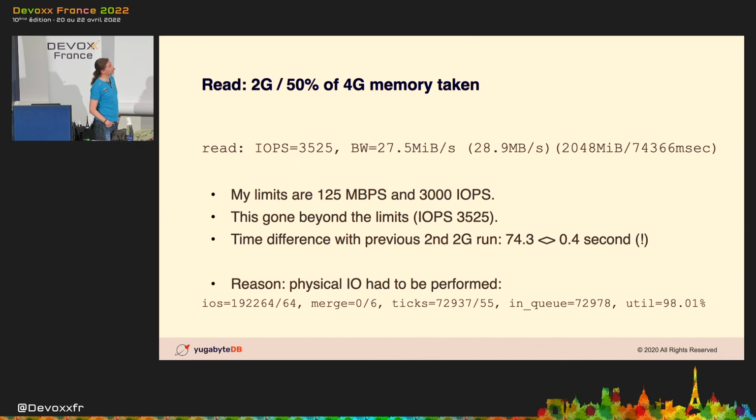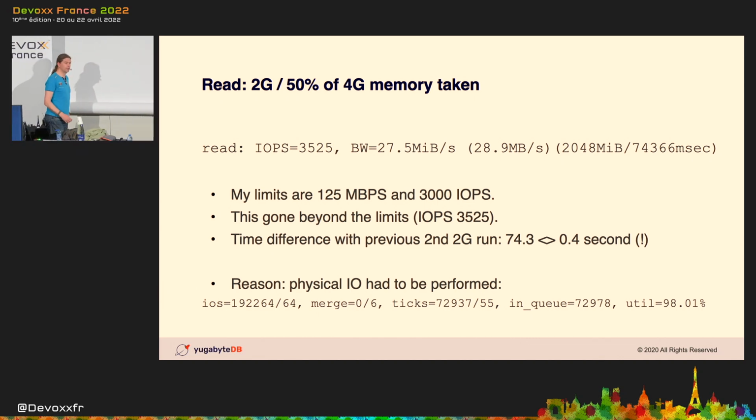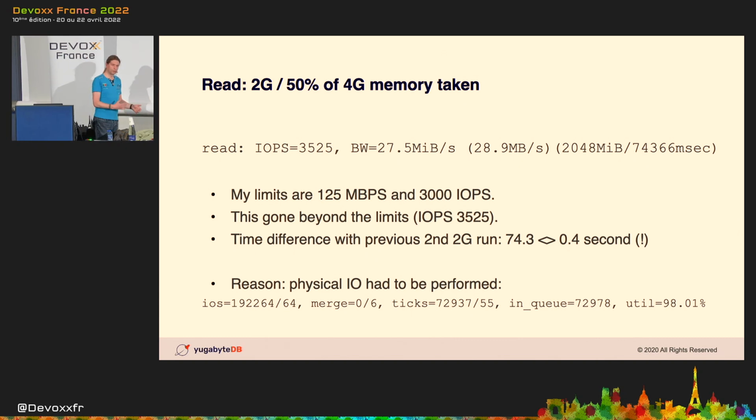IOs per second is a little above the limit. Why? That's because no random map allowed me to read some things from the cache, and that is included in the IOs per second figure, but not a large amount, because once again this is the hockey stick theory. Because my active dataset is 2 gig and my available memory was 1.1 gig, I had a shortage.